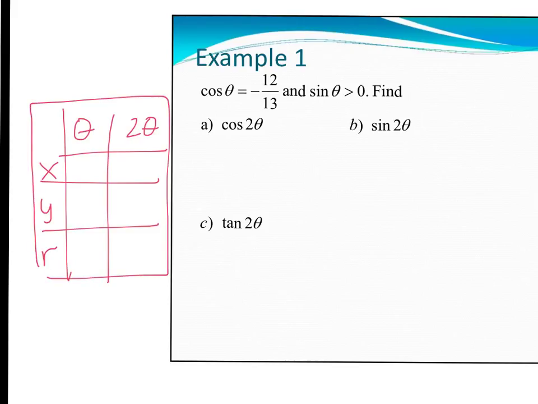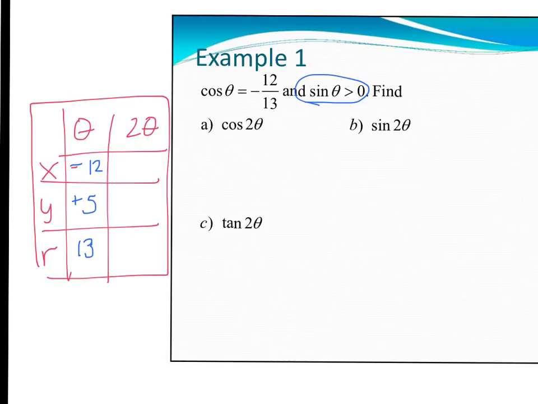We know that cosine of regular theta is equal to negative 12/13. So that gives me my x is going to be negative 12, my r is 13, and we know based on triples that my y is going to be 5. We are also told that sine of theta is positive, so we know it's going to be positive 5.